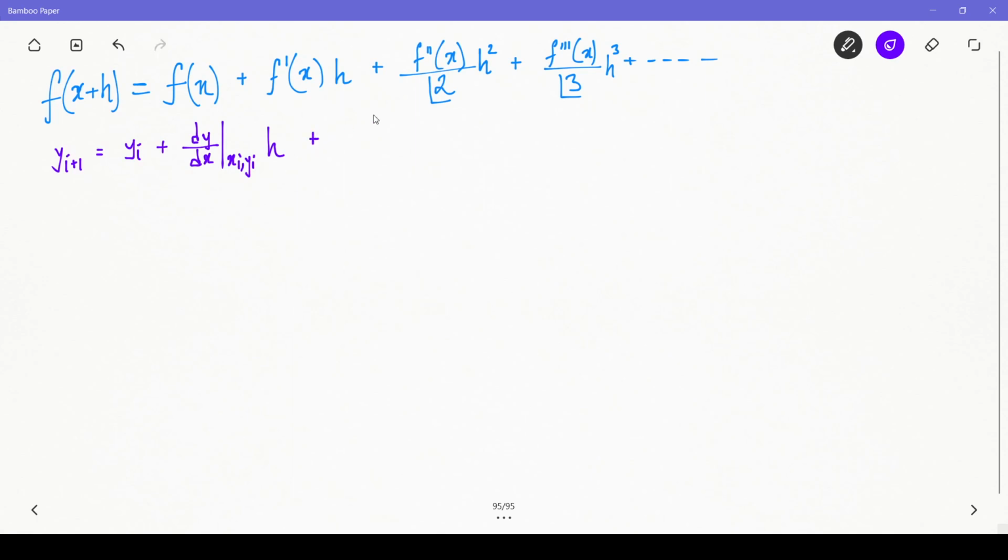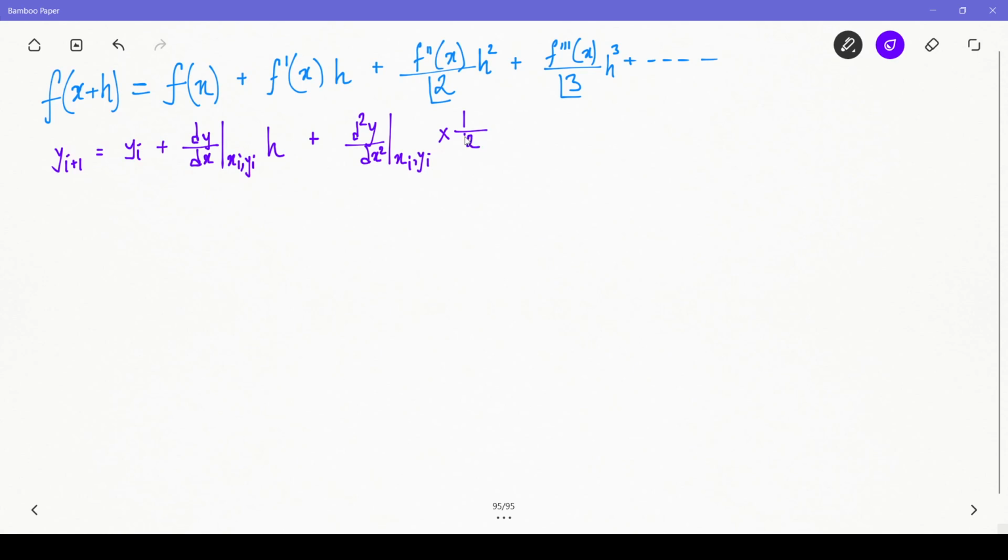Then let's proceed and say f double prime x will look something like d square y by dx square, times the second order derivative at the point xi comma yi, times 1 divided by 2 factorial.